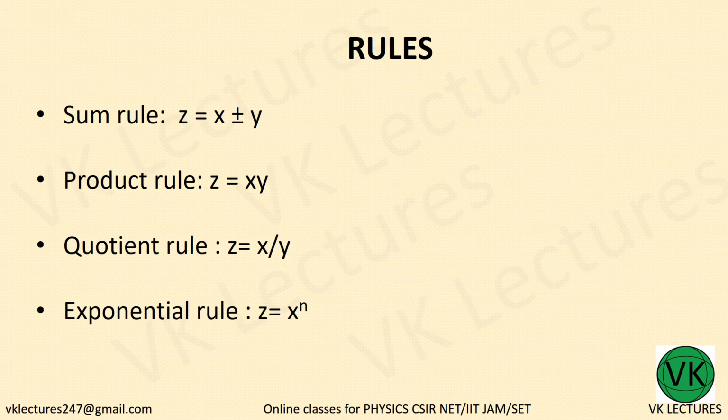Now we have a few rules for finding the error in different quantities that are either multiplied or added, depending on the mathematical operation. Now z is equal to x plus or minus y. One thing you have to remember is that the error will always get added up no matter what.